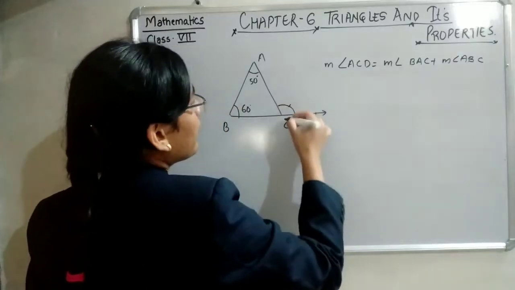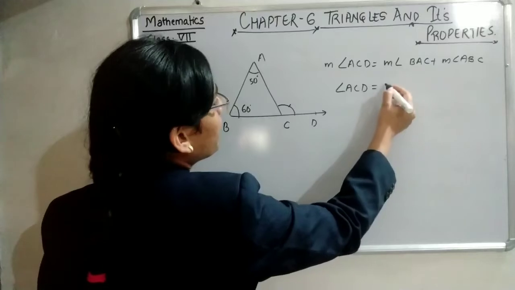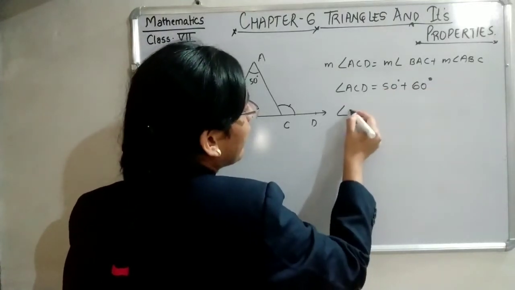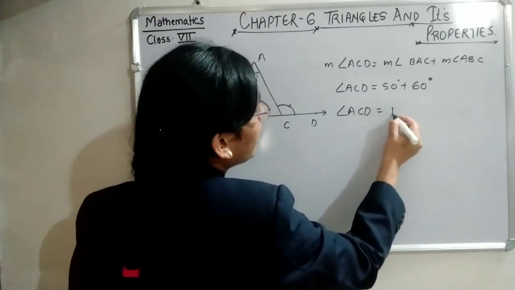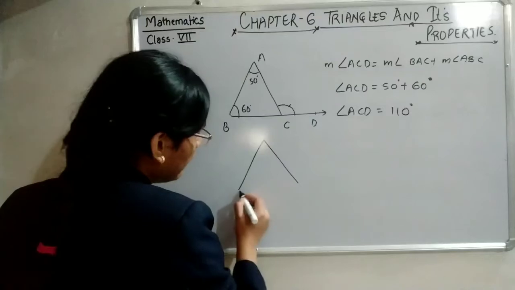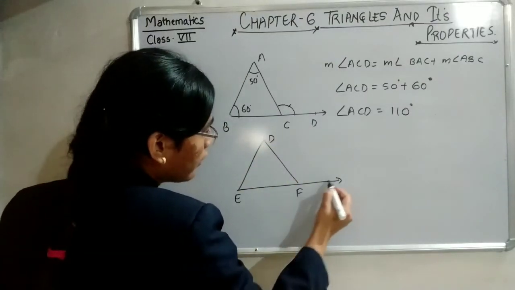So this exterior angle ACD will be equal to 50 degrees plus 60 degrees, and angle ACD will be 110 degrees.